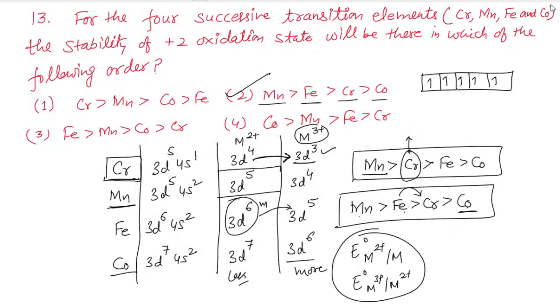See, in question number 13, there are 4 successive transition elements. First of all, compare like this. Mn2+ is 3d5, so it is most stable, because we can compare it with E naught values.